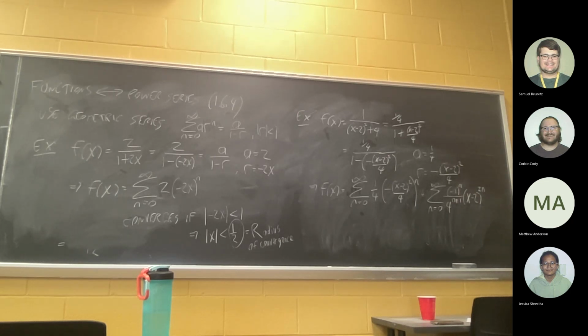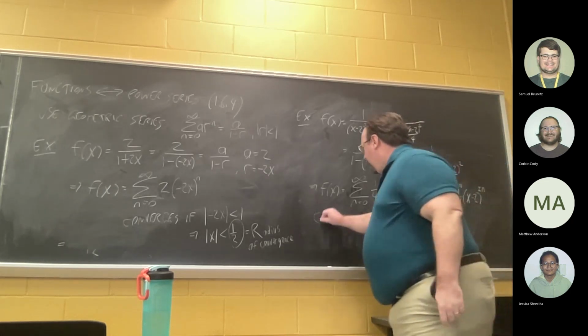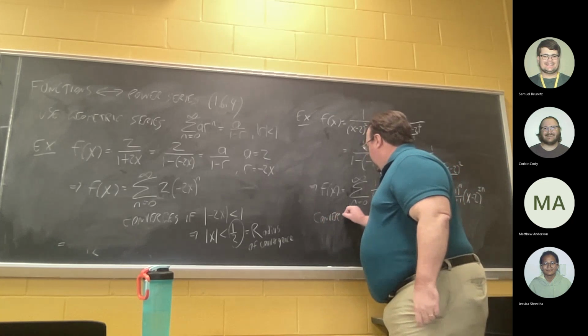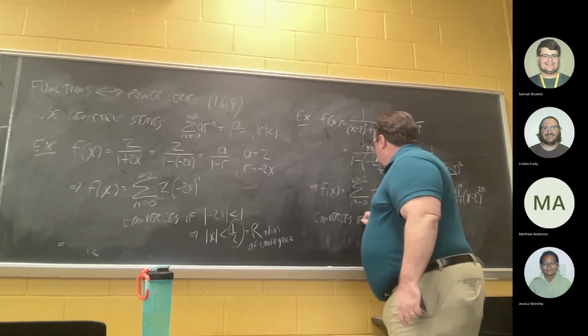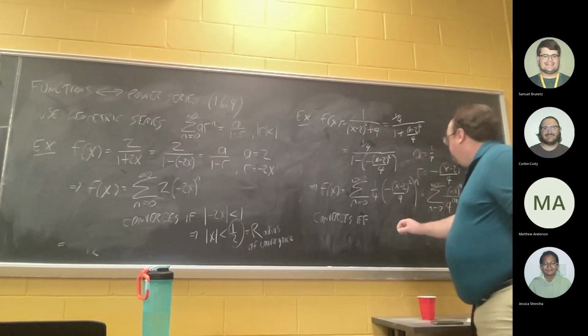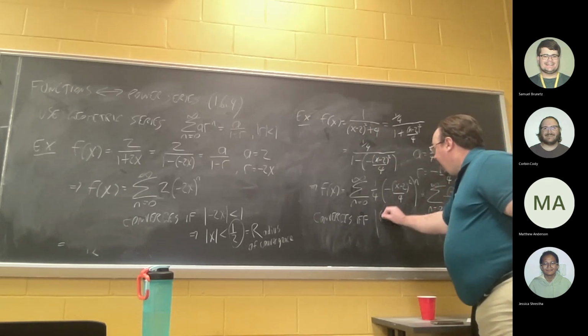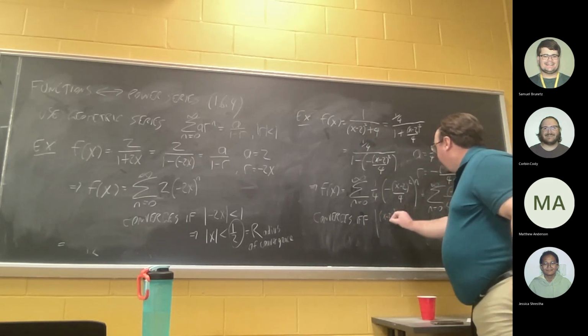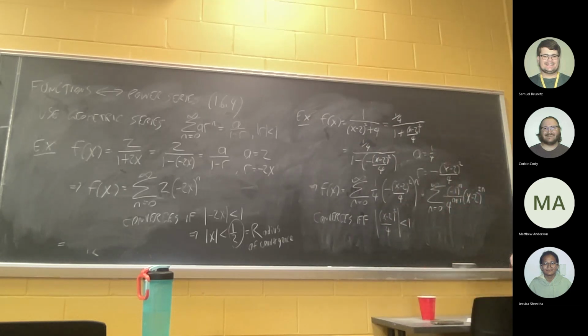Questions how this was arrived at? It's still a matter of convergence. We need absolute value of r to be less than 1. But it can only have absolute value of x minus 2 squared over 4 less than 1.